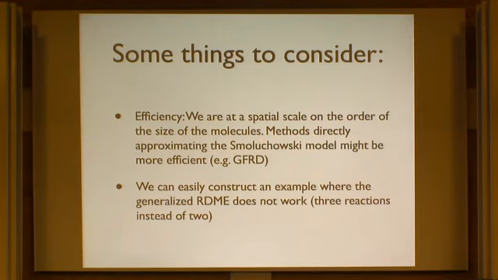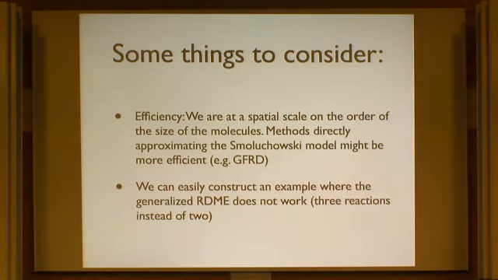In fact, methods that directly approximate the stochastic model might be more efficient in this case, e.g. the GFRD. That's the algorithm that I used to get the microscopic results. And for the finest mesh sizes, this is certainly a lot faster. In general, it might not be. It depends on the number of molecules and so on. But in some cases, it can actually be faster.